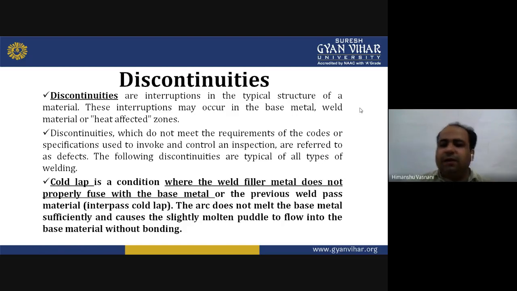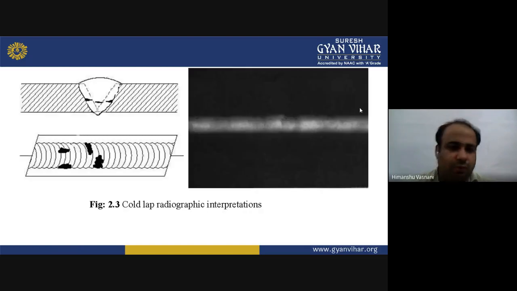Okay, the arc does not melt the base metal sufficiently and causes the slightly molten puddle to flow into the base material without bonding. So if the bonding is not proper, the welding will not be proper. This is called as a cold lap. You can see in this diagram also how the cold lap radiographic interpretation is seen. In the upper figure, you can see on the left hand side, there is shown how the fusion has not always happened.